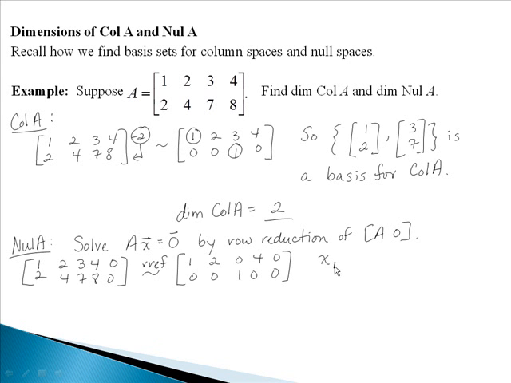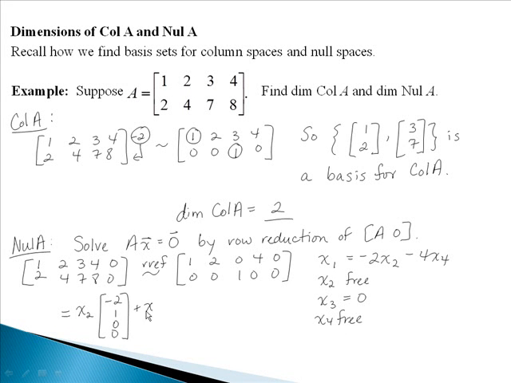So we have that x1 is equal to negative 2x2 minus 4x4. x2 is free. x3 is equal to 0, and x4 is free. So our general solution would be x2 times negative 2, 1, 0, 0 plus x4 times negative 4, 0, 0, 1.